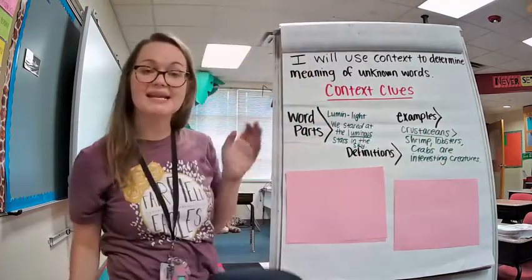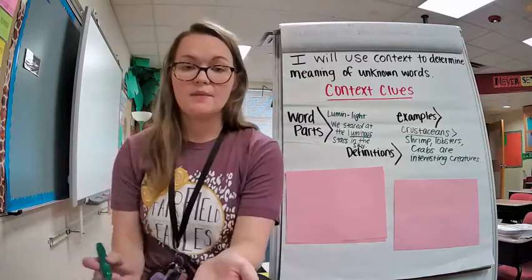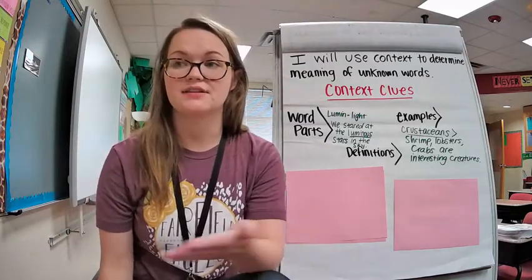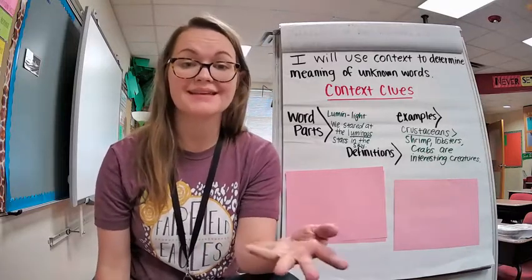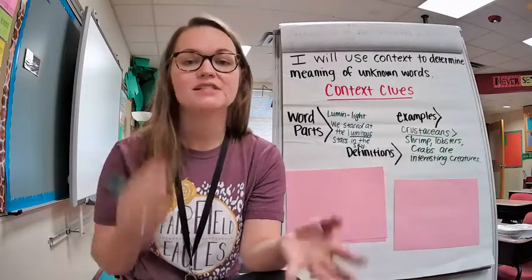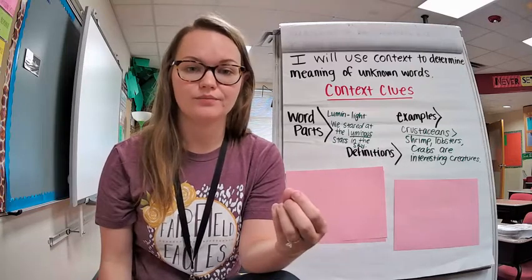So if you're reading a story and it says, in the ocean, I see a lot of crustaceans, such as shrimps, lobsters, and crabs. That is the author helping me, giving me examples of what a crustacean is so that I can understand that unknown word.